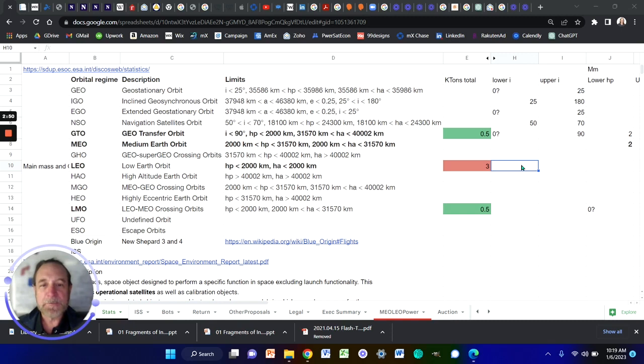When things are in different inclinations, it's essentially a different orbit. So it's like going this way versus this way, and the amount of energy to get there might be much more if you're having to change inclination. So that's a more sophisticated model. You can see this isn't filled out yet, and you can just keep making a model more and more sophisticated and add more and more assumptions.